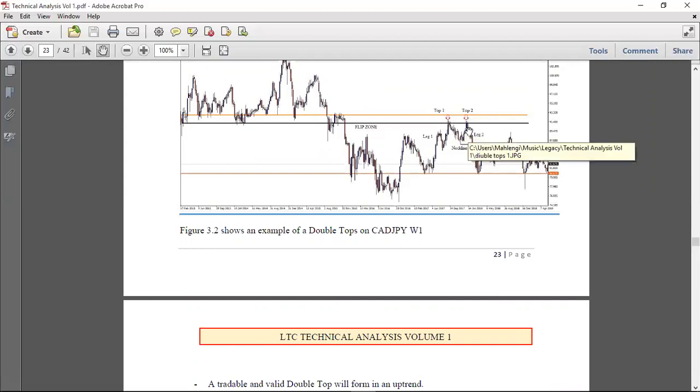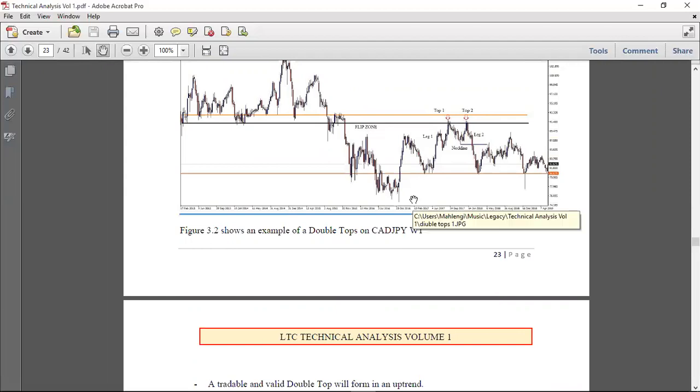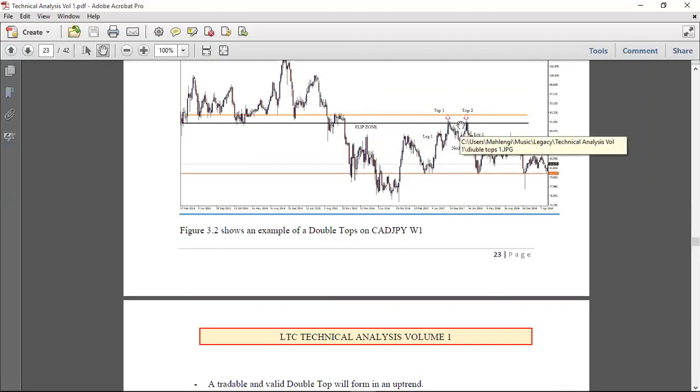But if this one is rejecting a little bit lower, the number of pips here will be smaller than the number of pips here, because this obviously is high compared to this one. Number of pips in the second leg will be lesser compared to the first leg.